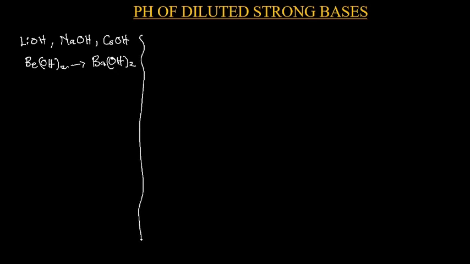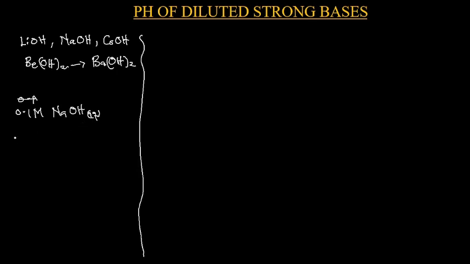Now, let's consider 0.1 molar sodium hydroxide, NaOH, aqueous, of course. Now, how do you go about finding the pH of this solution?